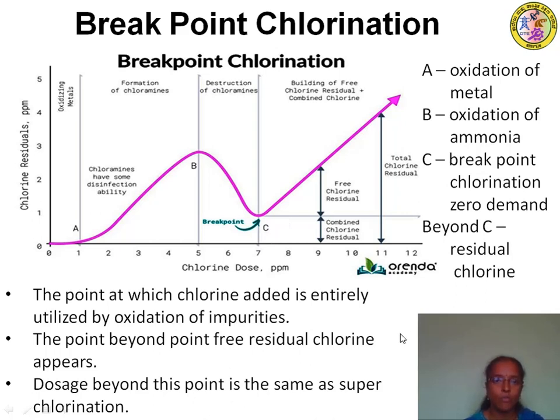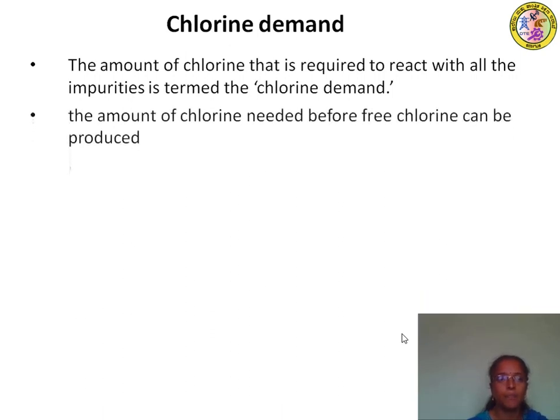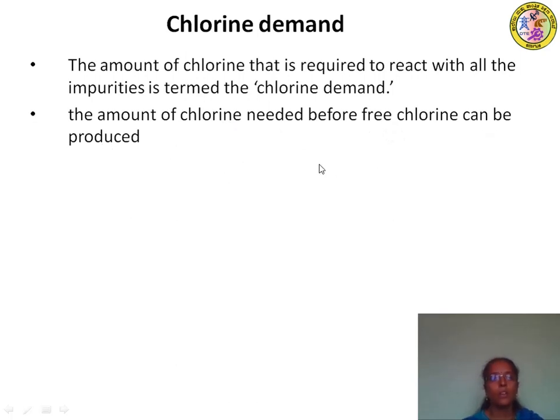So that is the explanation for breakpoint chlorination. Next we will take up chlorine demand. It is the amount of chlorine that is required to react with all the impurities present in the sample.